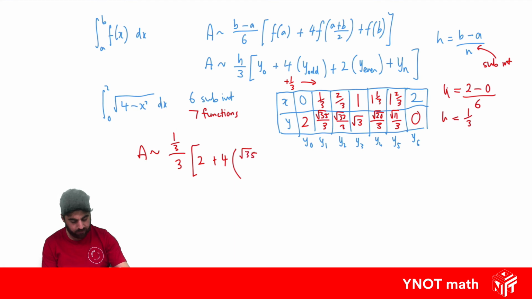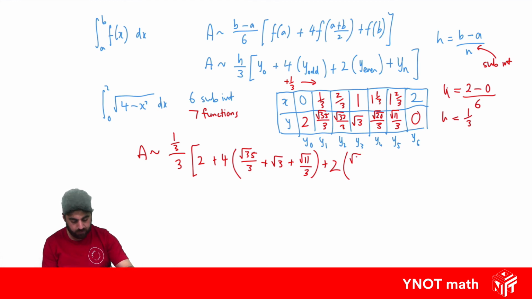So we get root 35 over 3 plus root 3 plus root 11 over 3, plus 2 times all our even values. Our even values are 2 and 4. 6 is also even, but it's the last one, so we're just going to do y2 and y4.